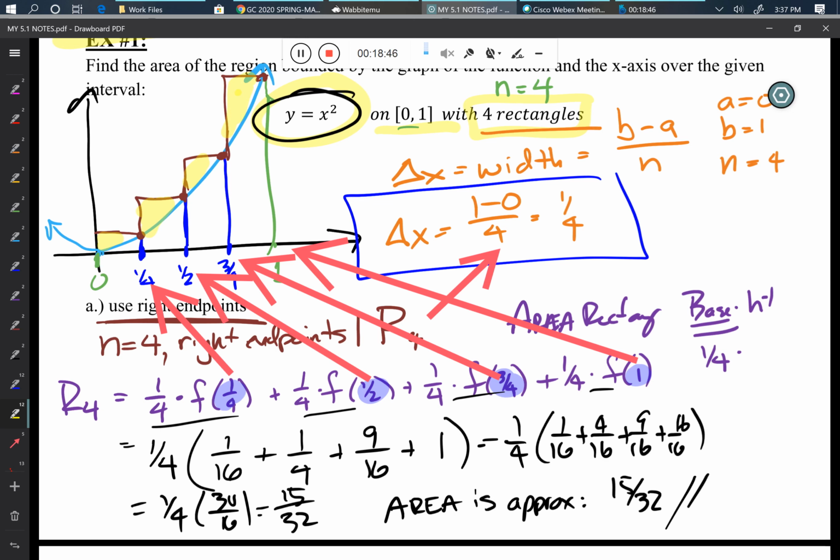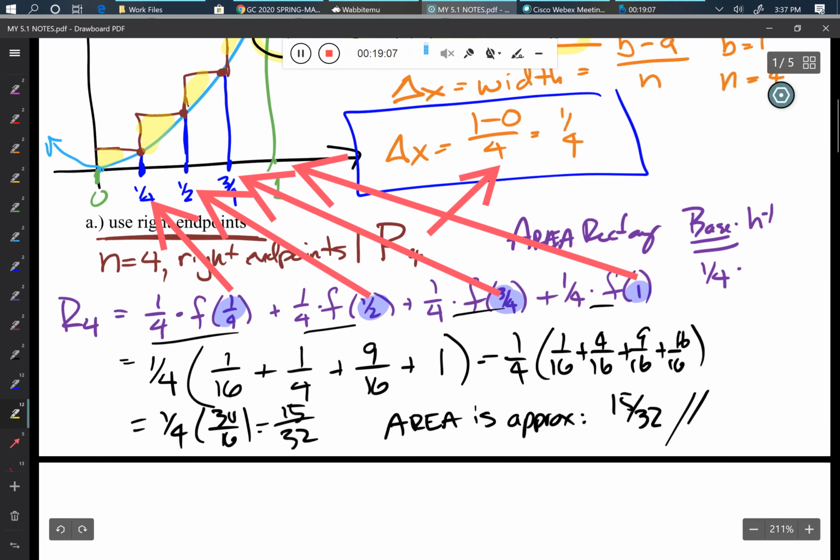Because this is an increasing function and we used right endpoints, we ended up with an overestimate. How could we make this better? Well, the easiest way to make it better is to use more rectangles. More rectangles means less wasted space, less error.